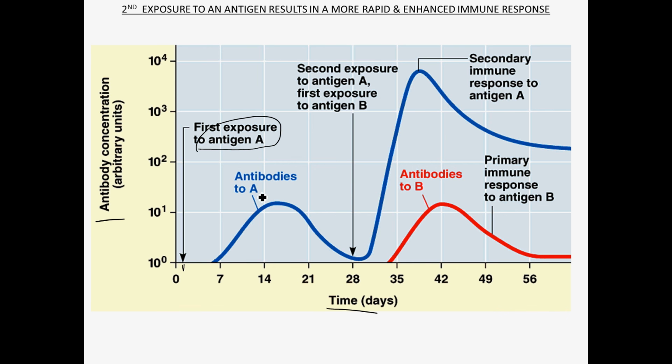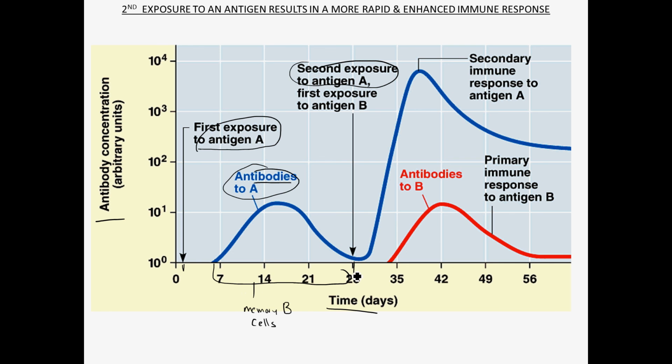You get antibodies to this first antigen, and your antibody levels go up. But then over time, those antibody levels drop back down. In the meantime, remember, this is antibodies, not the memory B cells. But in this time right here, you have made lots of memory B cells. And now you have the second exposure to antigen A at this time.